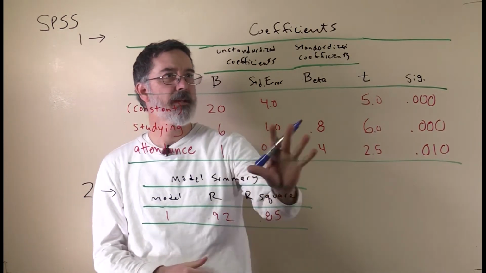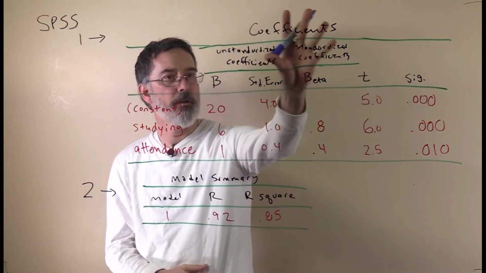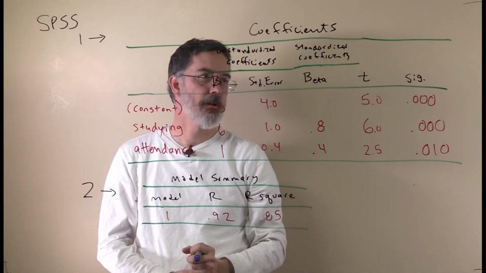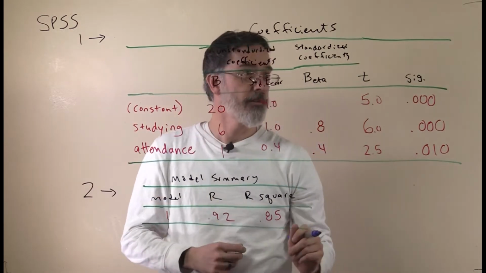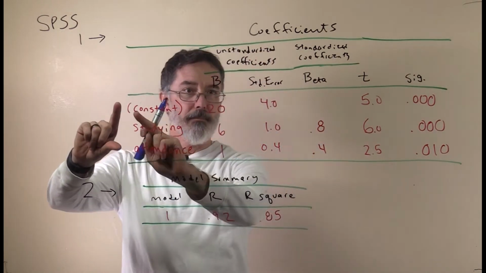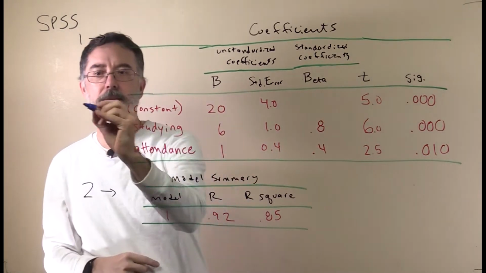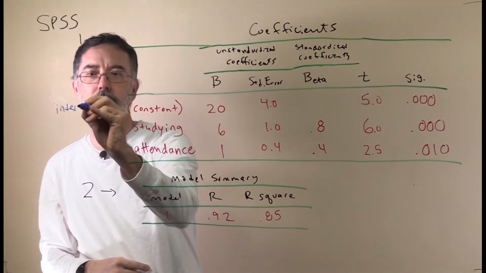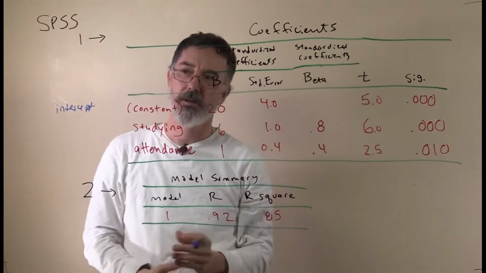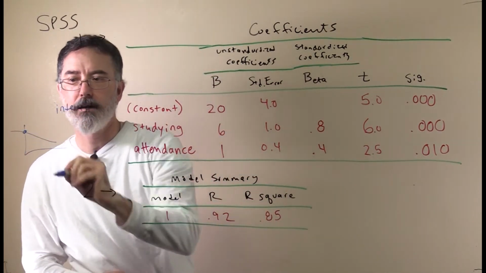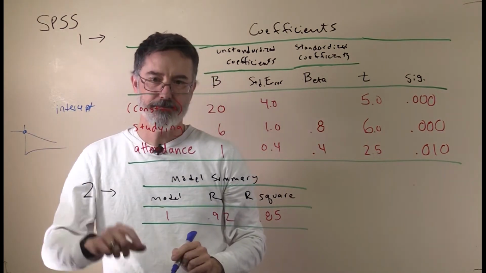And so I just kind of want to go through this table up here first, because this is the stuff that's most familiar to us. One of the first things I want to point out is there's these 3 different rows here, right? So this is for the intercept. It's called constant, but it's still the intercept. That's where the regression line crosses over the vertical axis.